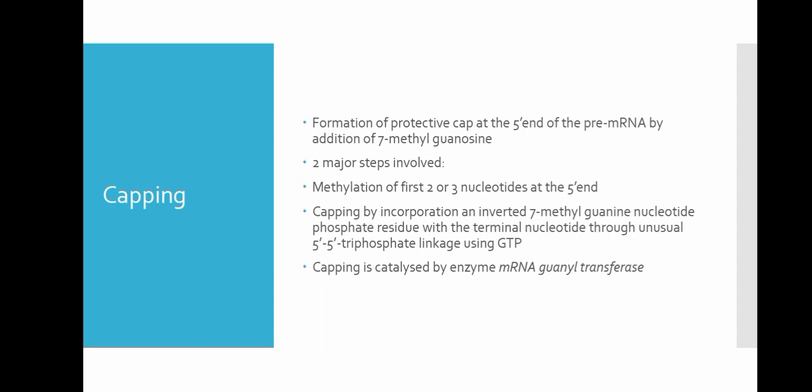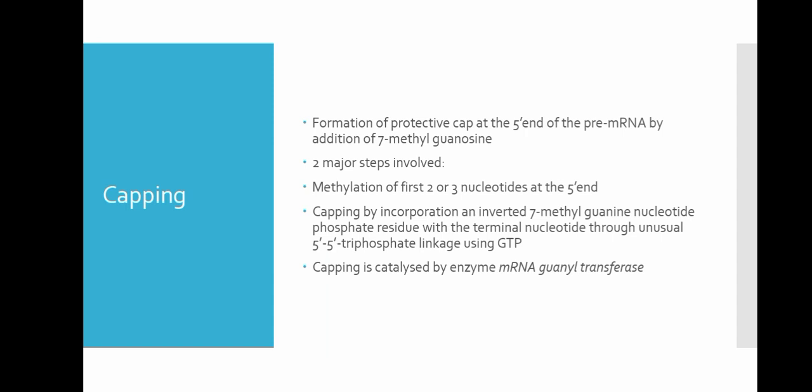Capping. Capping is the formation of the protective cap at the 5' end of the pre-mRNA by the addition of 7-methylguanosine. It may begin even before transcription is over, so it is a co-transcriptional as well as a post-transcriptional process.